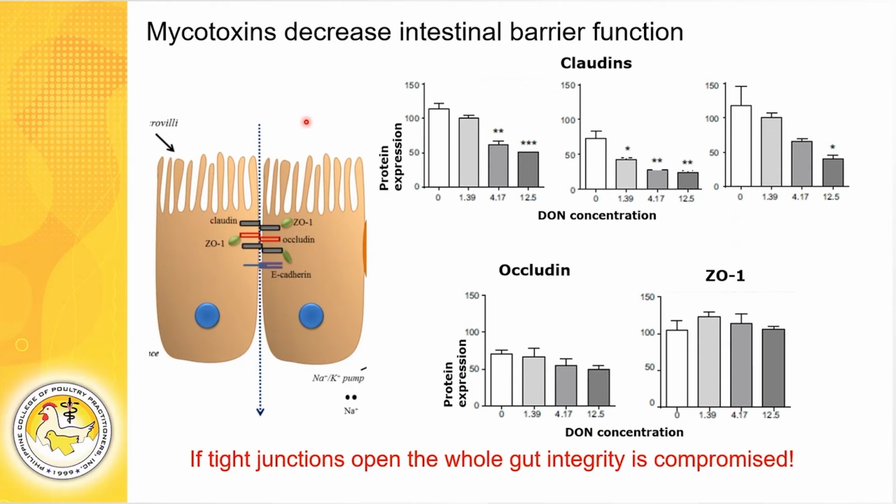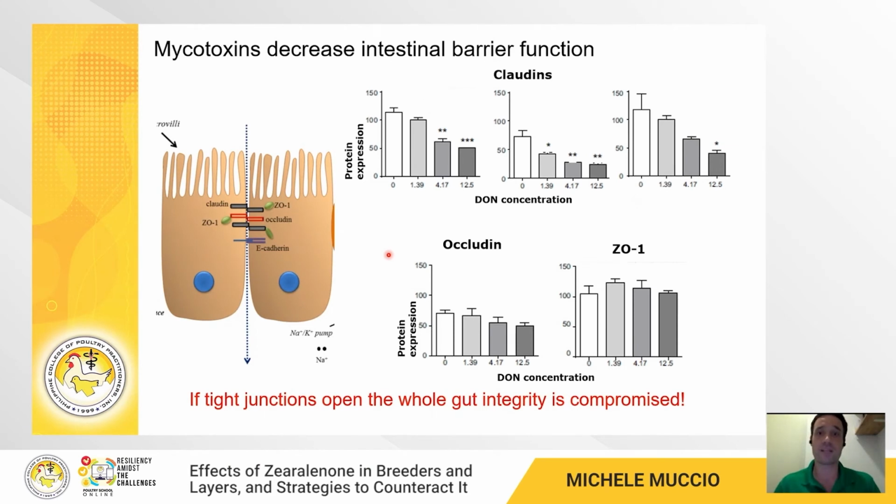So because mycotoxins are protein synthesis inhibitors, they can directly attack this network of proteins and reduce their expression, as you can see here on the right-hand side as an example with deoxynivalenol. So leaky gut means that we are opening the gate to all kinds of pathogens and stressors, and those can invade the body.